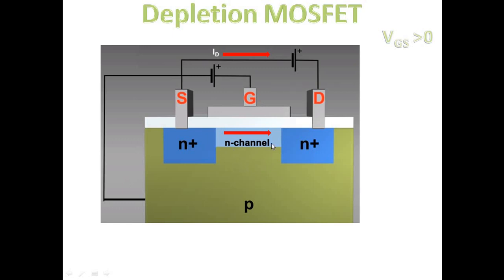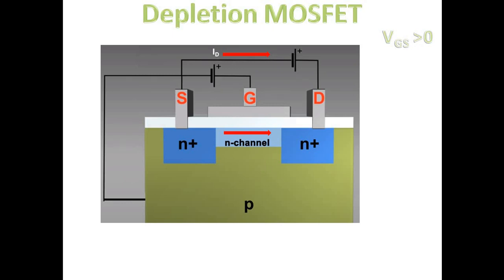So the number of carriers inside the channel that are causing the drain current is going to increase, because this positive side of the battery will attract more electrons from the p-type substrate to the N channel, enhancing the number of electrons in the channel and thus enhancing the current. So the same thing, like pinch off kind of a phenomenon, will happen here as well, but here the current that is flowing into the channel is much more.